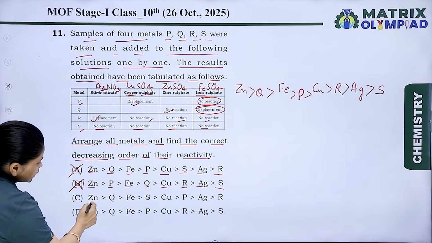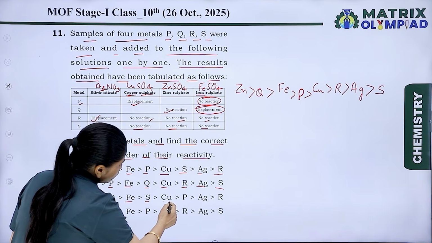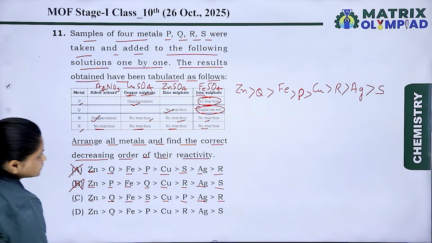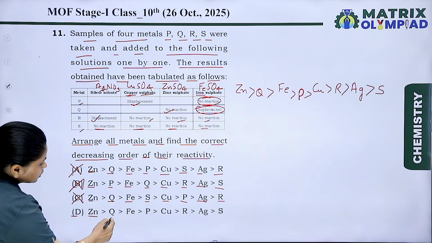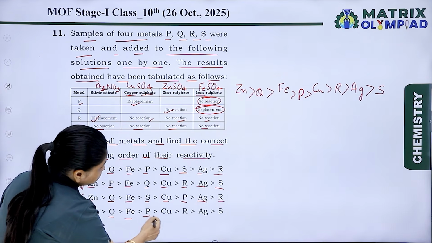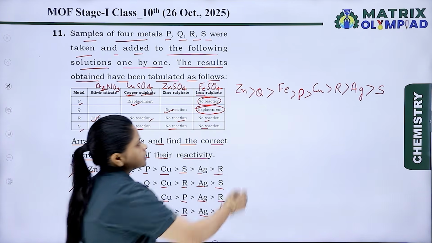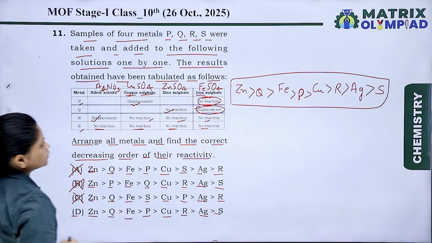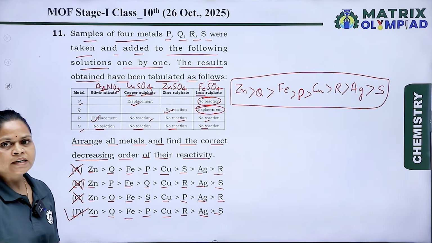C is zinc, Q, iron, S, copper, P, silver, R. This is again wrong. Now option D, zinc, Q, iron, P, copper, R, silver, S. Yes, this is the perfect decreasing order of these metals. So the correct answer is option D.